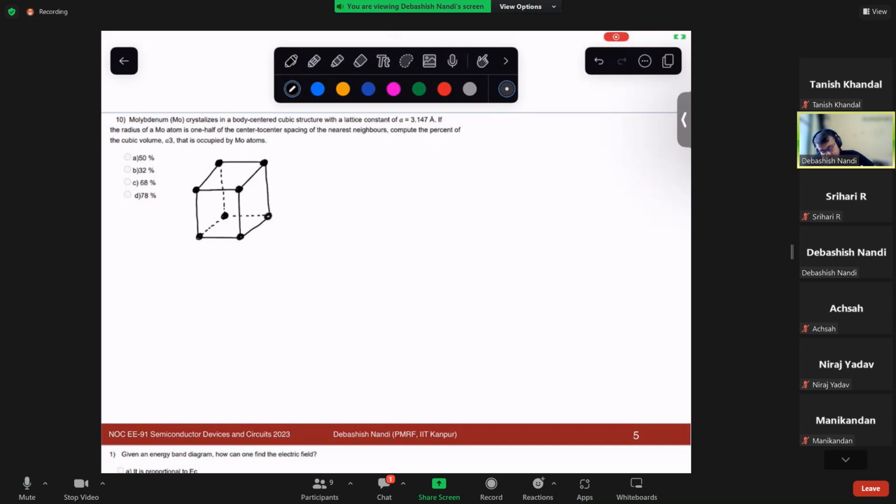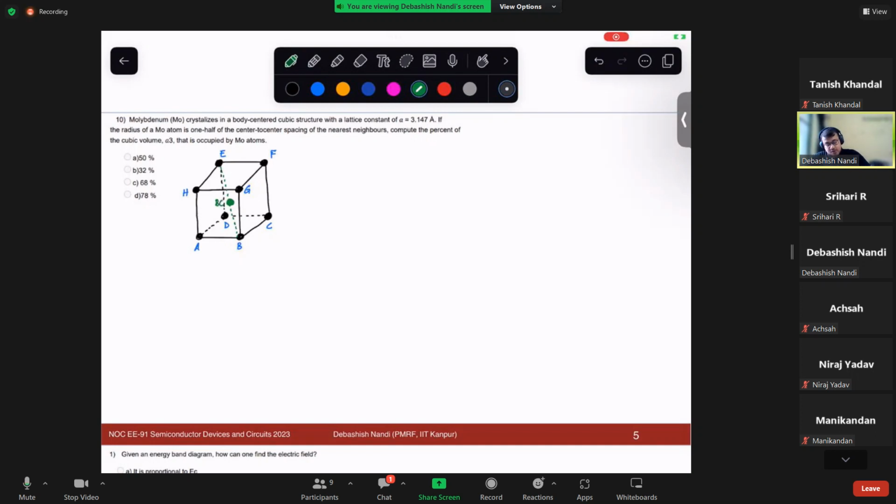Okay, so let me just name it F H. Let me connect one body diagonal, and at the center there will be the other atom. Let me call this atom BC, body centered.